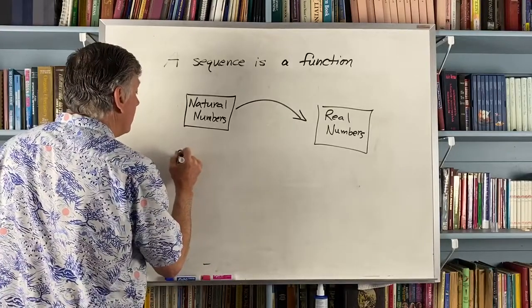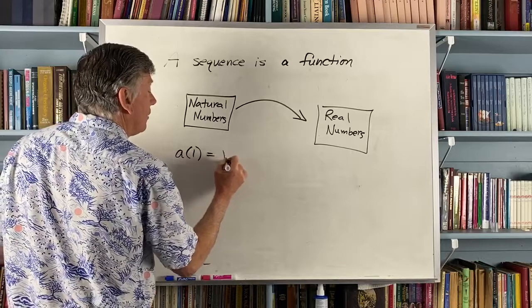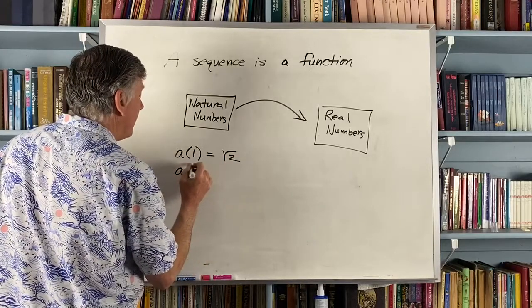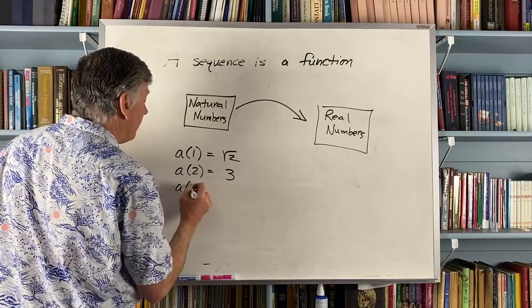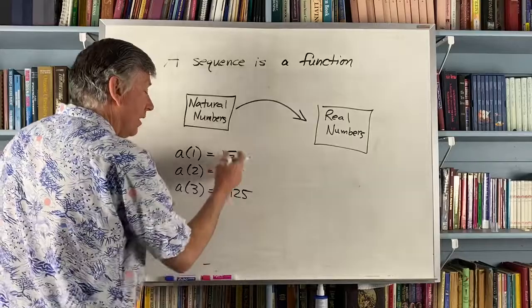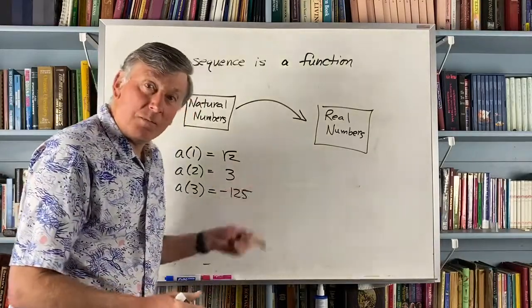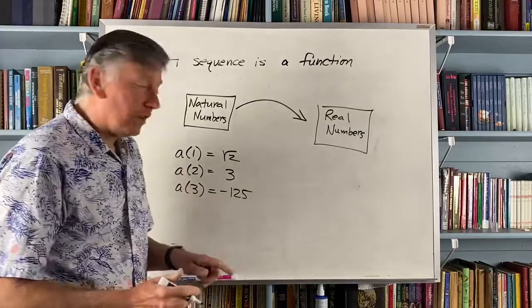Basically, we list it out. We talk about a function: a of 1 being, say, the square root of 2, a of 2 being 3, a of 3 being minus 125. Right now, at the beginning, these numbers don't matter. I'm just defining the function.